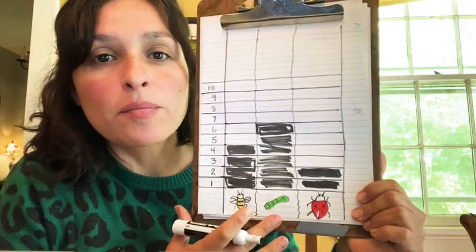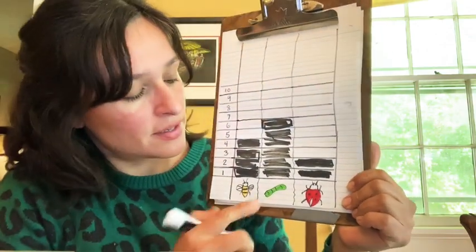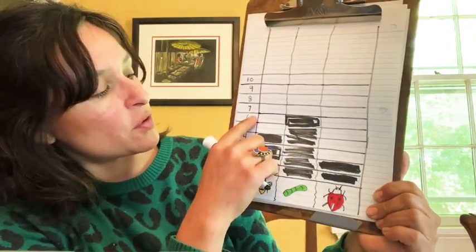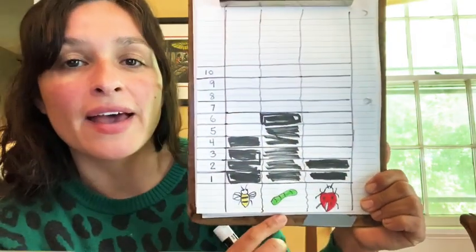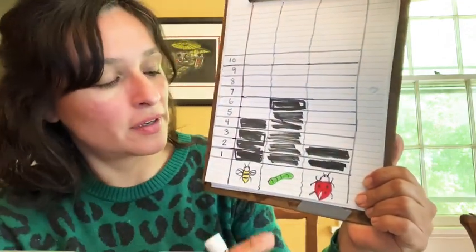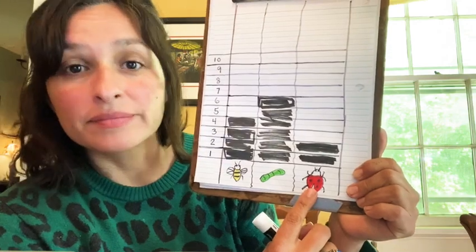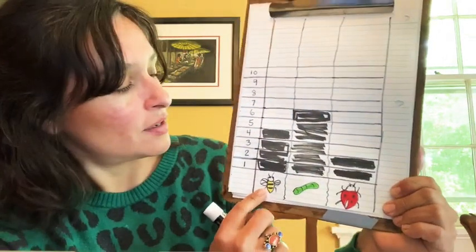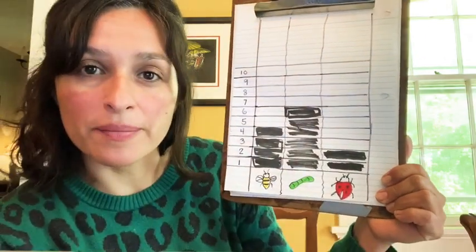Which did we find more of? ¿Encontramos más de qué? We found more caterpillars. We found 6 caterpillars. And then, which insect did we find the least amount? El menos. The ladybug, we only found 2. And then the bee, we found 4 of them, right?